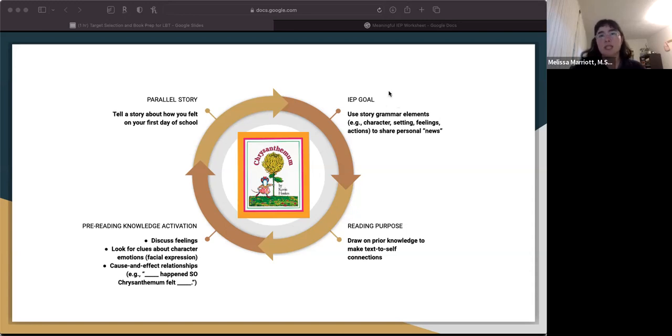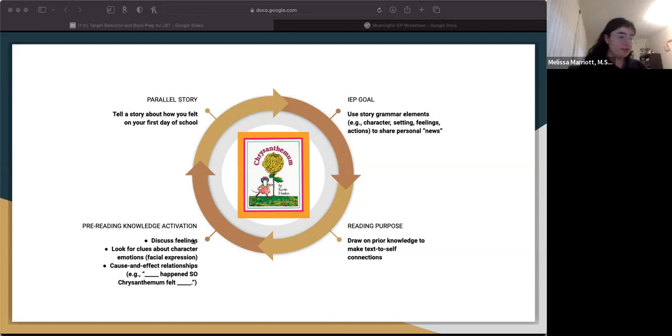So knowing that his goal is to talk about things that are personal to him, my reading purpose then is going to be about personal connection, right? So we're going to read a story, but I want him to really focus on making a connection to something that he has experienced, because then later we're going to talk about his experience in the parallel story.